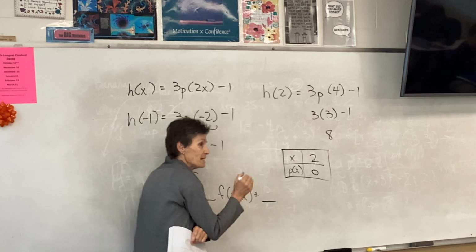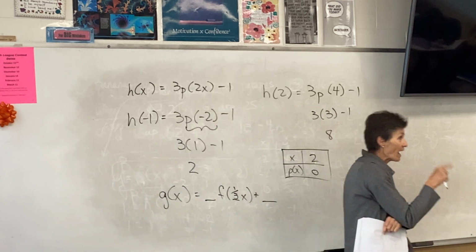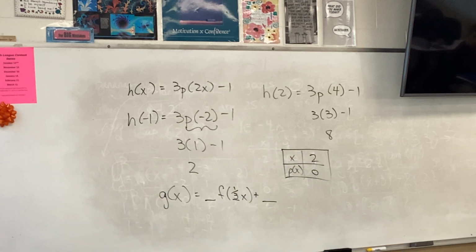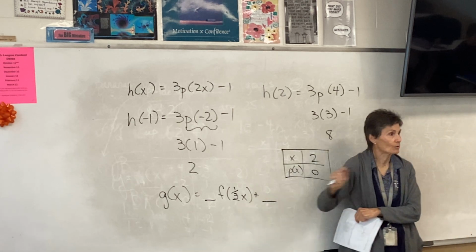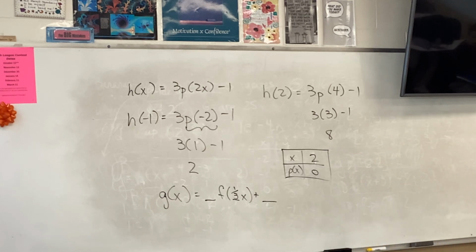Because factor means multiply. If I'm multiplying by 3, remember inside the parentheses it's the opposite, right? So there has to be a 1/3 there. This means I'm going to divide by 1/3, which is the same as timesing by 3.